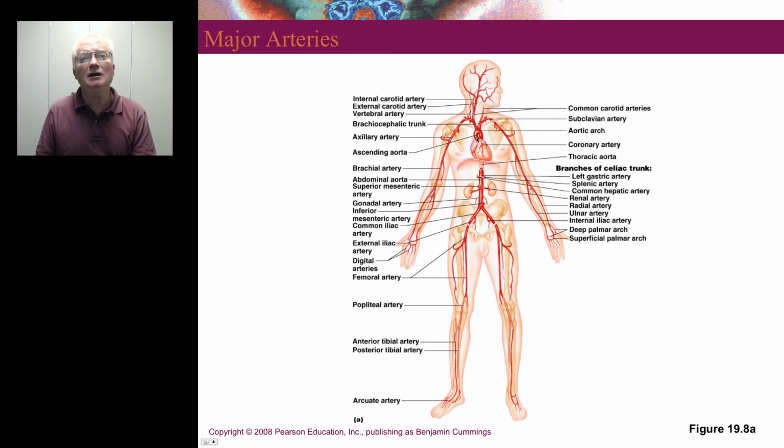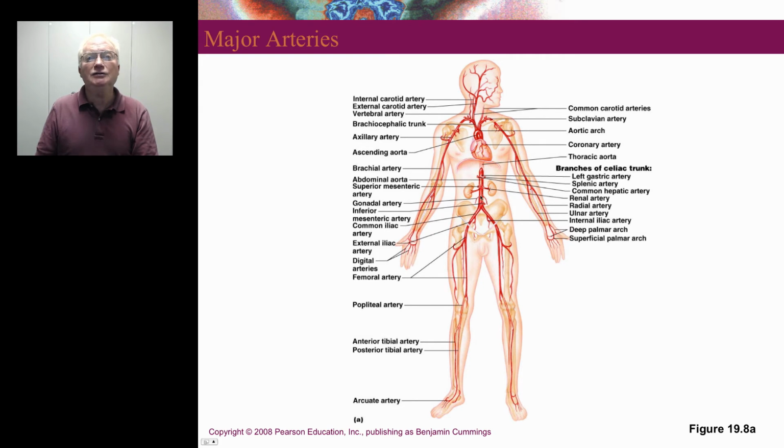The heart is here, pumping blood into the systemic circulation through the aorta. The aorta has several different parts. It has the ascending aorta, the aortic arch that takes a 180-degree turn, then inferior, the descending or thoracic aorta that passes through the diaphragm and becomes the abdominal aorta.